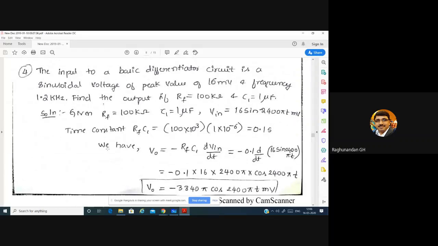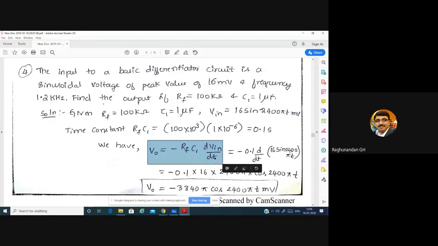Please remember, time period is given by R into C, where R is the feedback resistance and C is the input capacitance. The product of these two will give you the time period. And the basic equation we have, V naught is equal to minus RF C1 dV in by dt. This is the basic equation of the differentiator circuit.